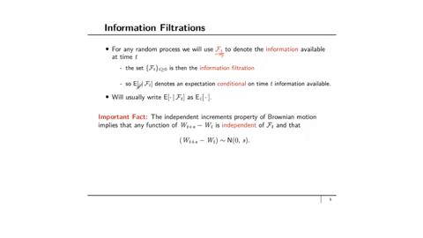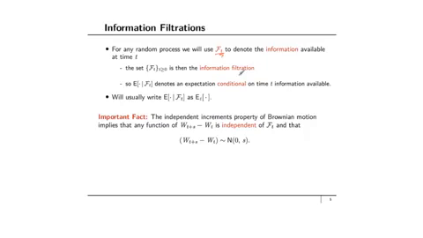This expectation, conditional on Ft, denotes an expectation conditional on the time t information that's available to us. And usually it will be very clear what that information is. So really this information filtration is just a mathematical way of describing what is intuitively obvious to us anyway.